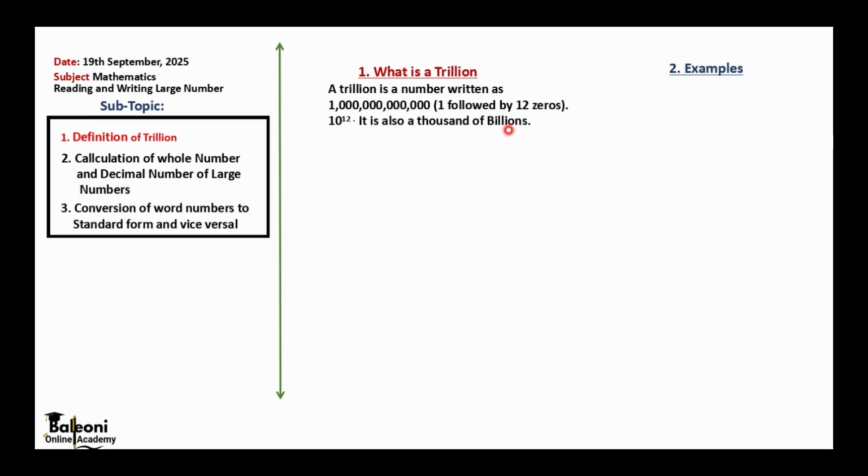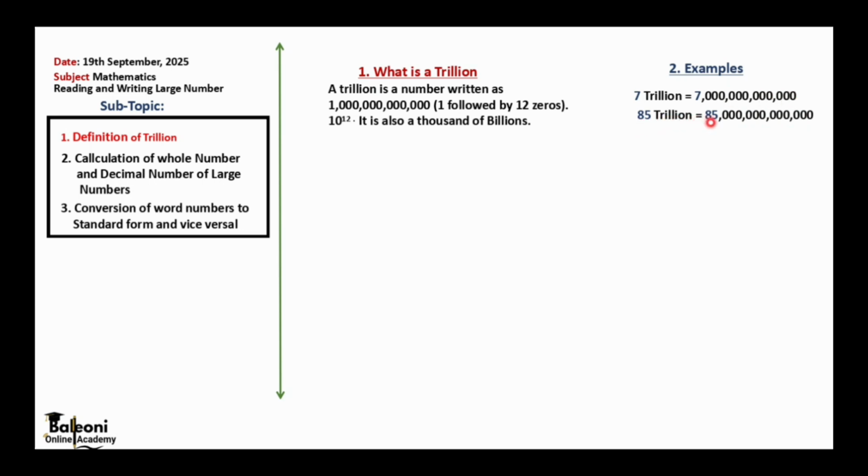Now let's move on to the number two item, which is examples. We have three examples here. Number one, 7 trillion. How do you write it out? 7,000,000,000,000. Number two, 85 trillion.